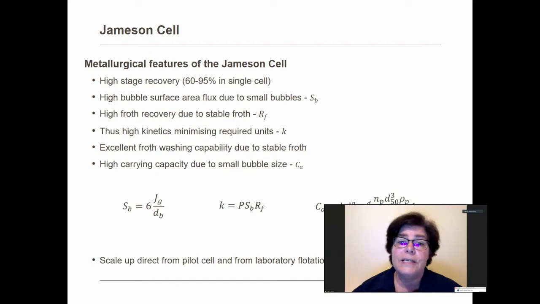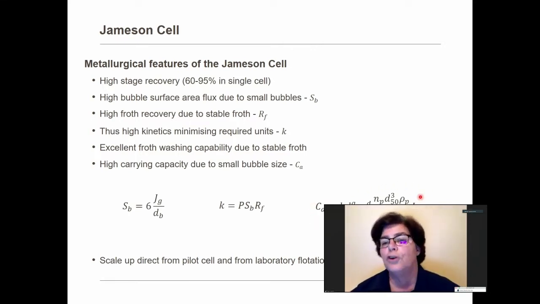Flotation happens in a matter of seconds in the downcomer. In addition, due to the small bubbles and the stable froth generated, we can do successful froth washing to remove entrained gangue and accelerate the kinetics of the valuable over the non-valuable. The third equation there shows you the carrying capacity.